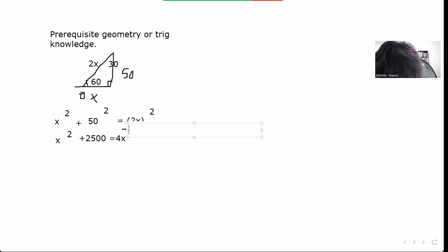Now, I'm going to do some manipulations here. And I'm going to move this x squared over. So I'm going to have 2,500 is equal to 3x squared.